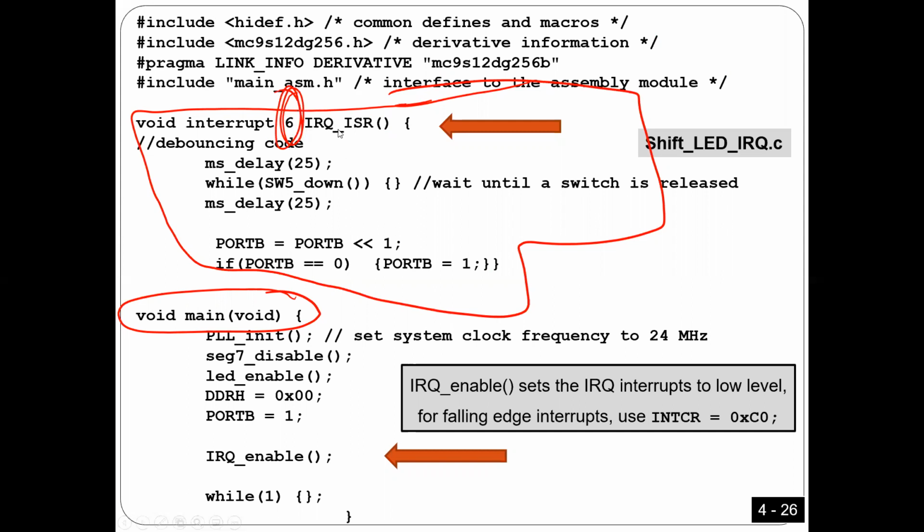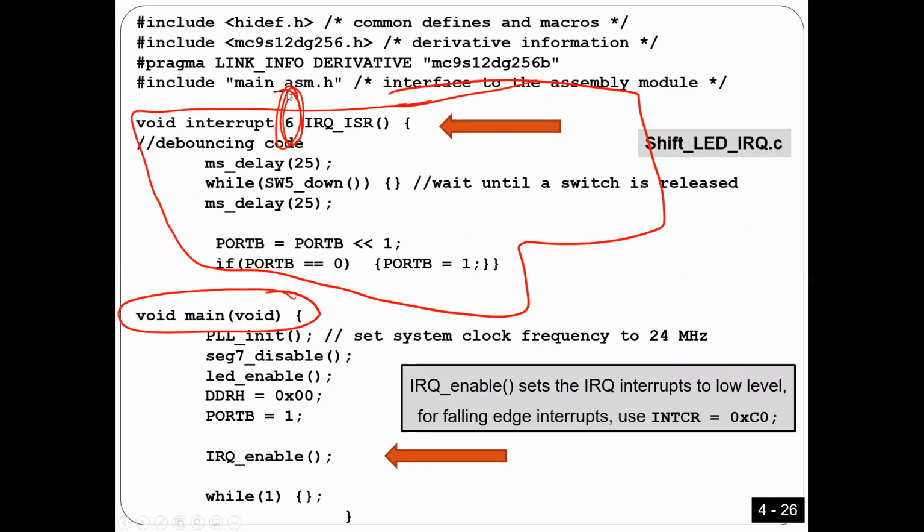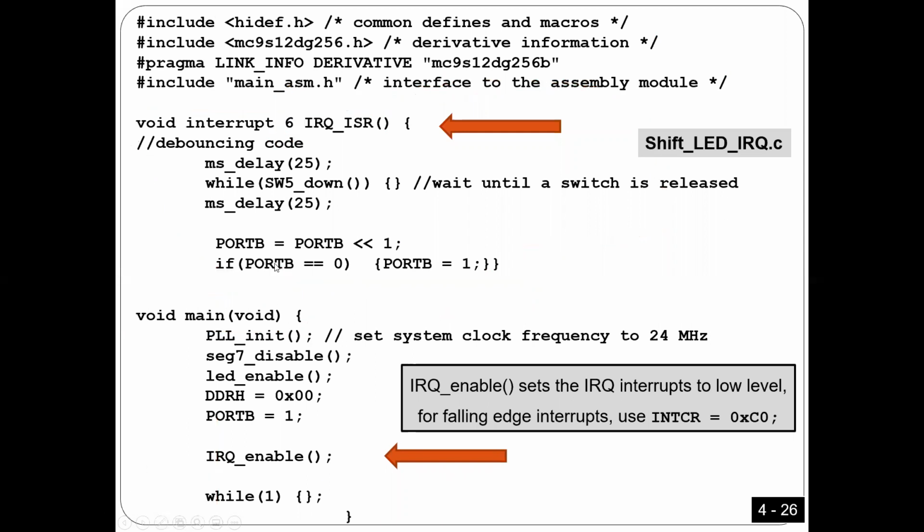But it can be any name, as I said. So here is the interrupt subroutine. What I'm going to do here is exactly the same thing I did before. That means every time there is an interrupt, this subroutine is going to be executed. Every time there is a falling edge on IRQ, this subroutine is executed.